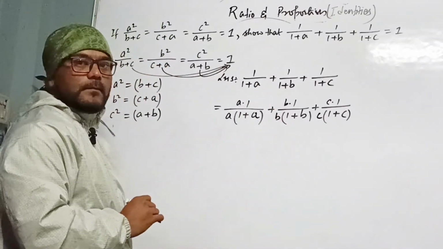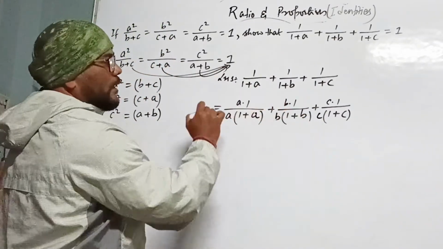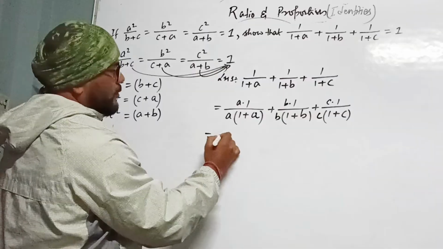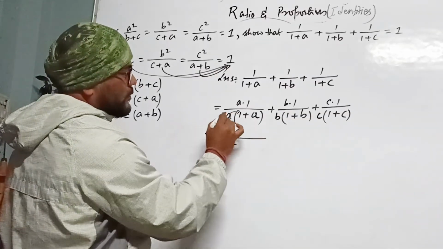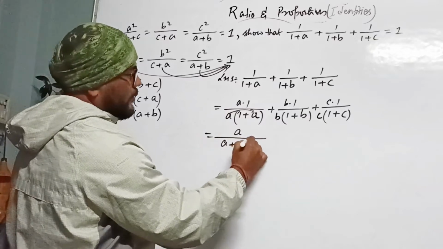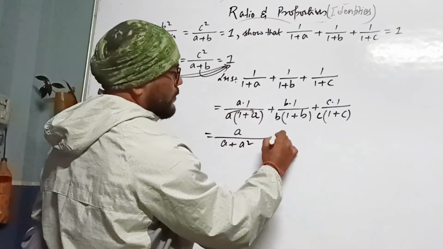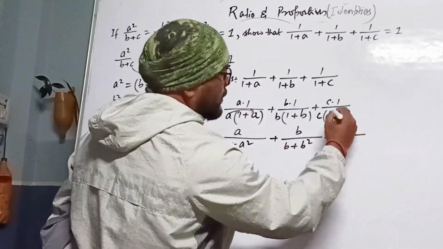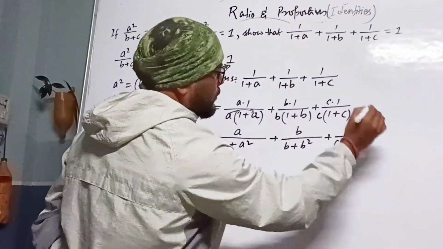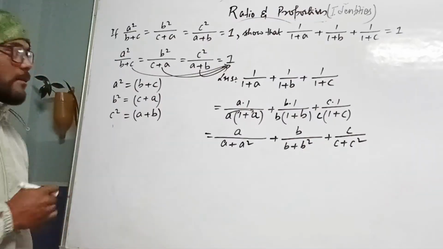This is known as manipulation. You have to multiply with 1 also and with a also. It becomes a divided by (a plus a square), b by (b plus b square), c by (c plus c square). Clear, students?